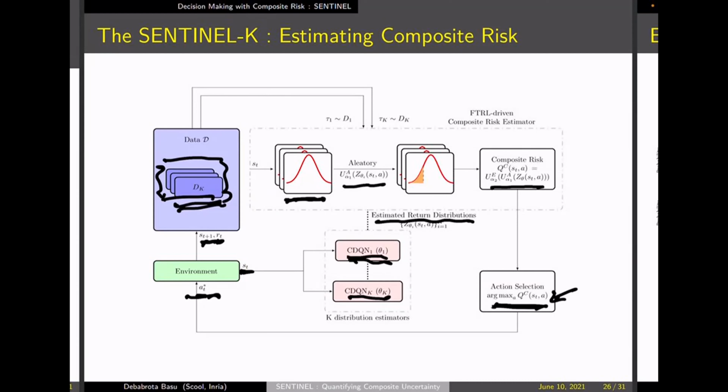You can use policy gradients, for example, for continuous actions, and you can estimate these risk measures in a policy gradient format. So that can be done, and I think there are open things to be done here. But that was not the main point we wanted to convey, so we didn't focus much on that part.